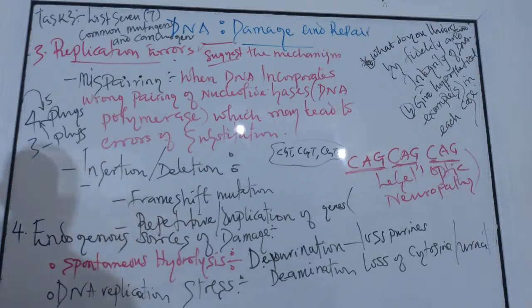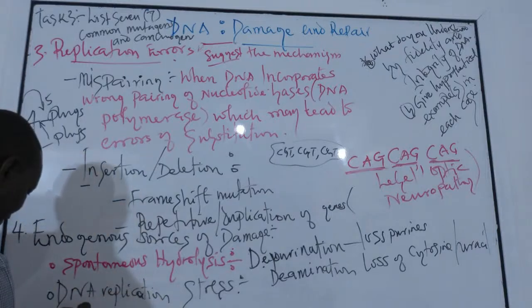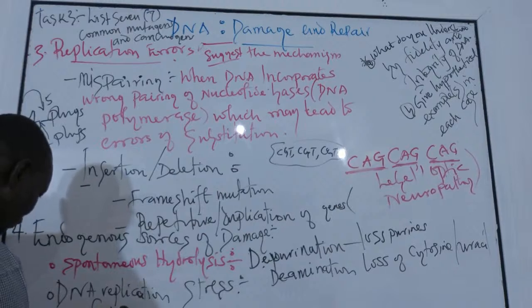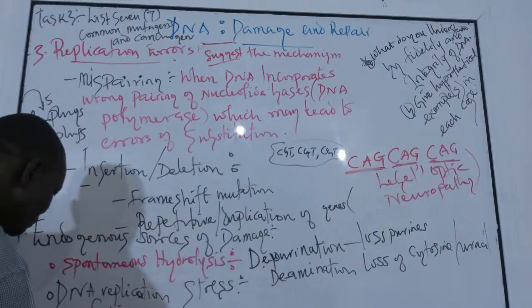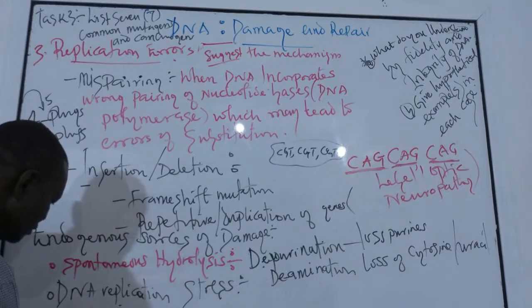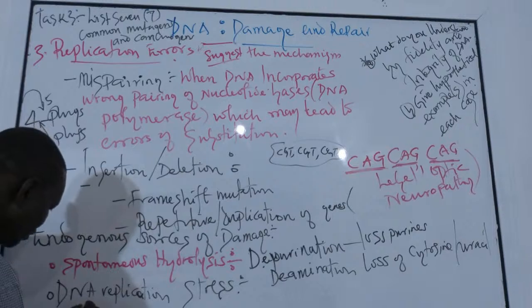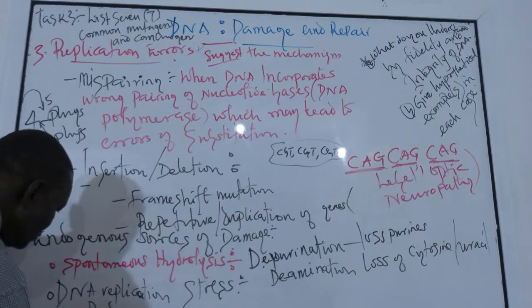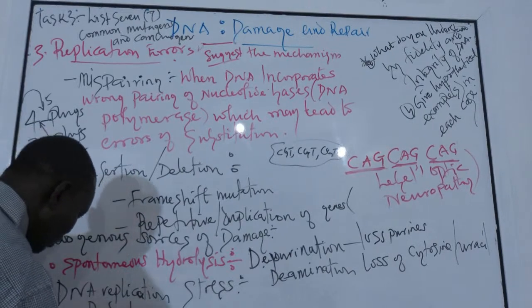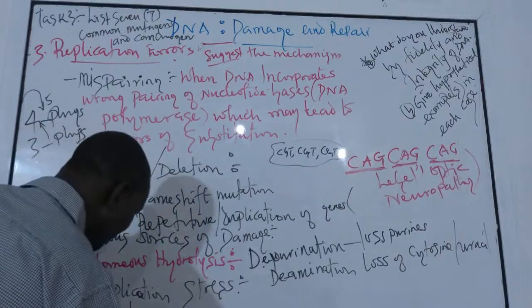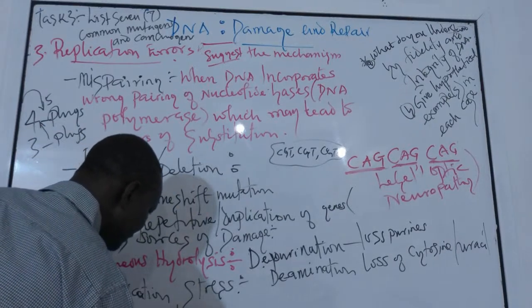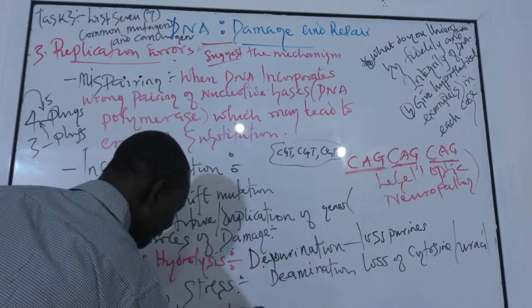So DNA replication stress can lead to production of incorrect replication forks.